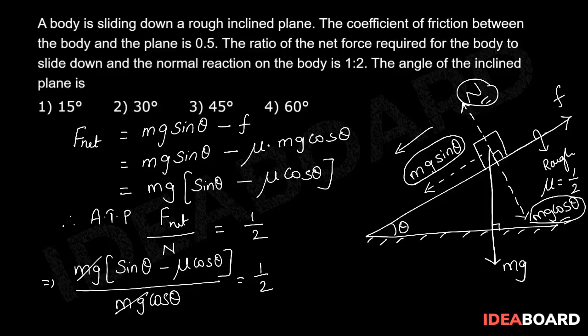Mg gets cancelled, and on simplification we get theta as 45 degrees. Therefore, the correct option is 3.